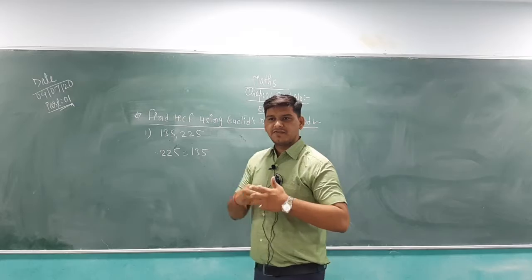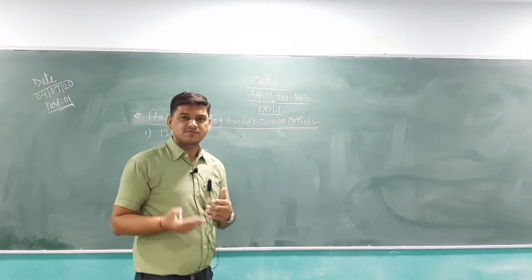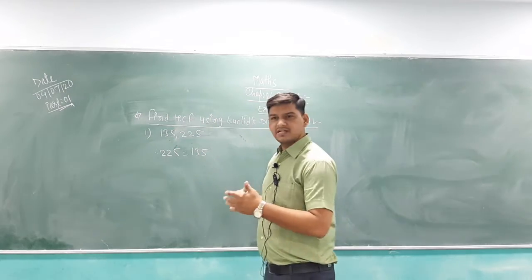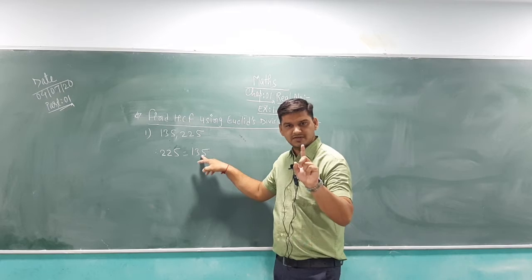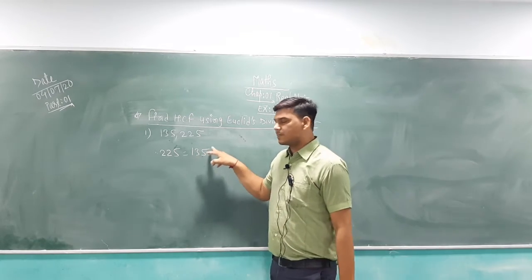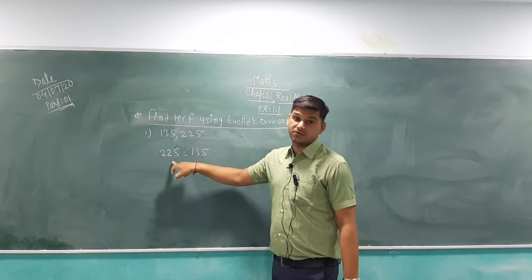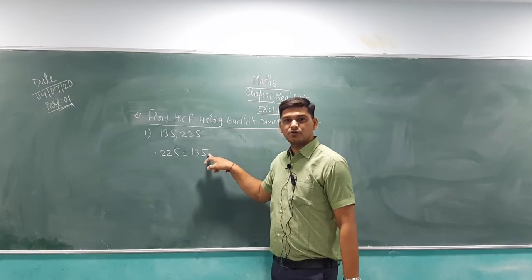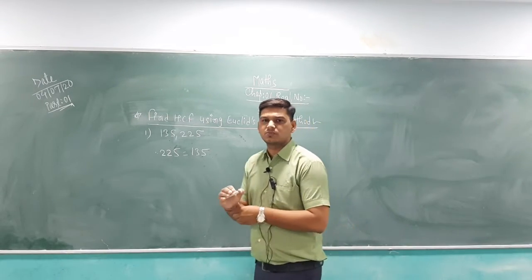If we multiply 135 by 1, it is 135. If we multiply by 2, it is 270. But the number here is 225, and multiplying by 2 gives 270, which is too large.